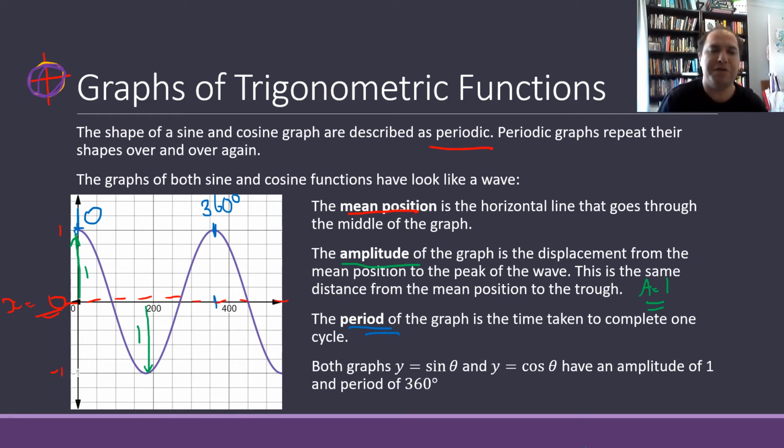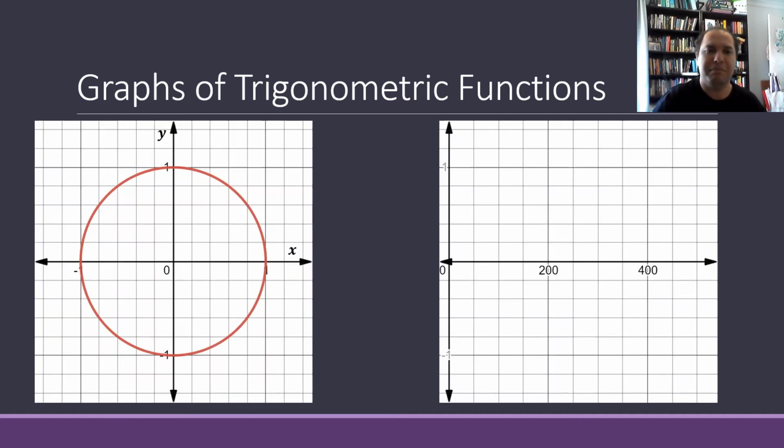Going back to our unit circle, if we start at 0 and go around, we get back to the same point after 360 degrees. So for our graphs y equals sine theta and y equals cos theta, they have an amplitude of 1 because our unit circle has a radius of 1, and a period of 360 degrees because when we go around 360 degrees in our circle, we get back to the same point.